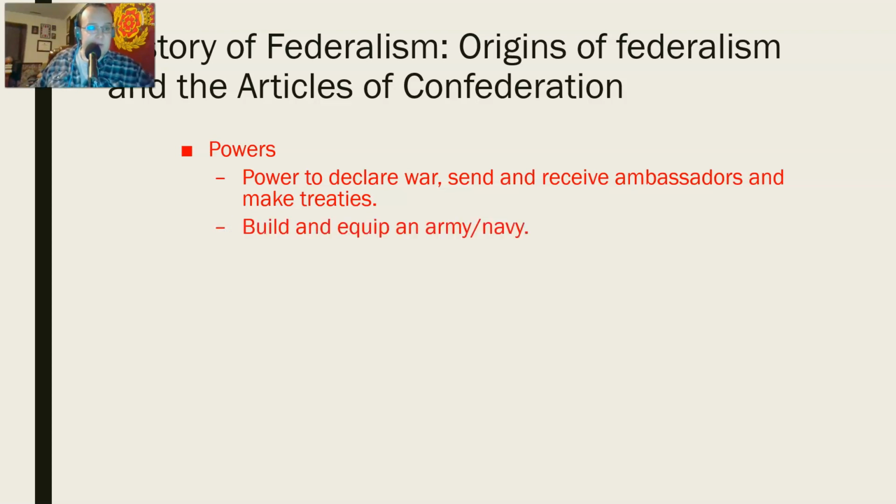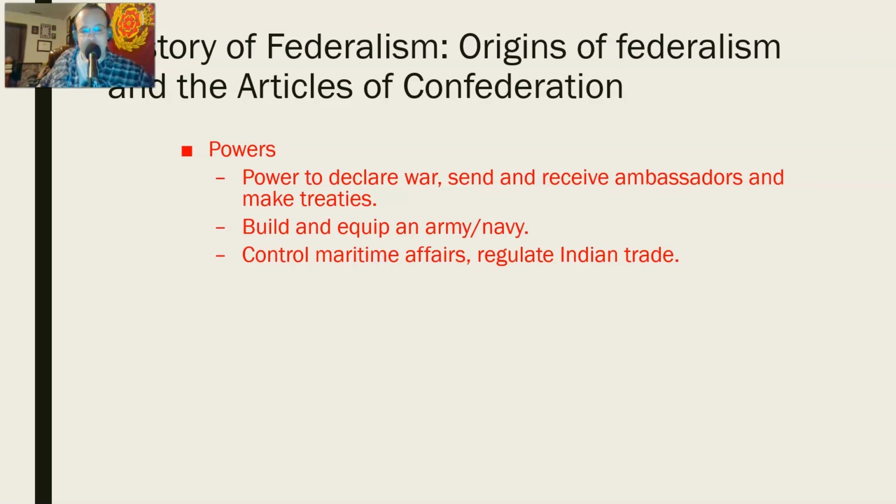Now, they didn't entirely throw the baby out with the bathwater, as a lot of this stuff should be familiar to you, or sound familiar anyway. They could build and equip an Army and Navy, and we've stretched that out to an Air Force, the Coast Guard, the Space Force. Be interested to see how that develops. And they controlled maritime or oceanic affairs.